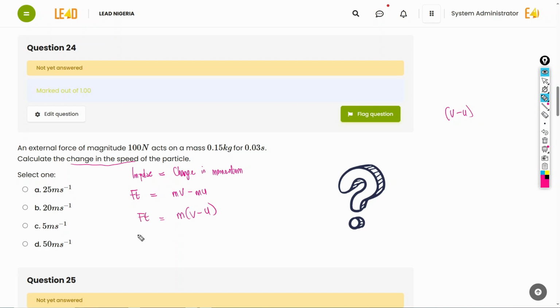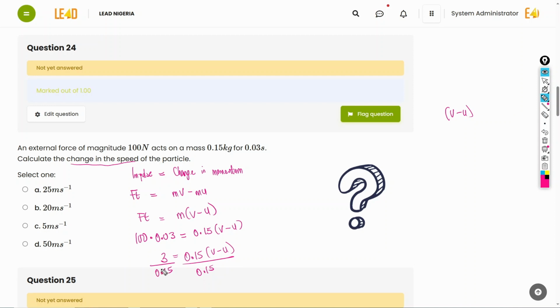Okay, so F is 100 times time 0.03 is equal to your mass 0.15 times v minus u, which is what we're looking for. 100 times 0.03 is 3, equal to 0.15 times v minus u. So we just divide both sides by 0.15 to get our v minus u.